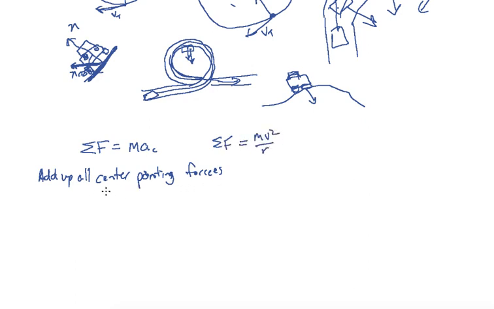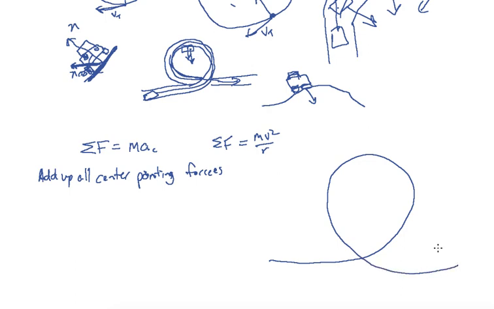And be careful when I say center pointing forces, it can be pointed inward or outward. So like say for example we're going around that loop-de-loop again, like what if you're right here? Well, you have mg down, and you have the normal force pushing perpendicular to the surface. So at this point in the loop, only this normal force is actually part of the centripetal force.